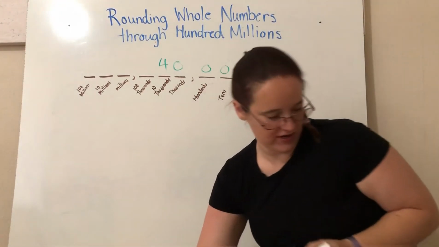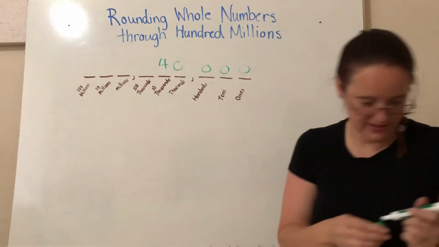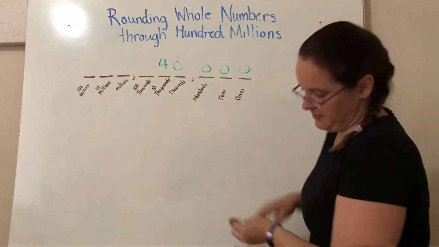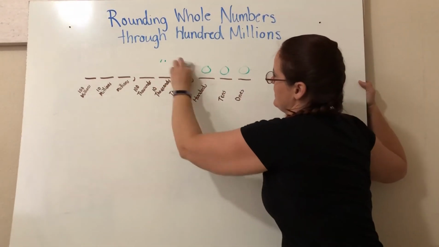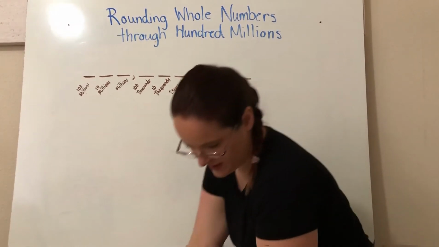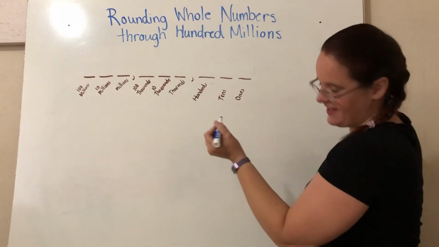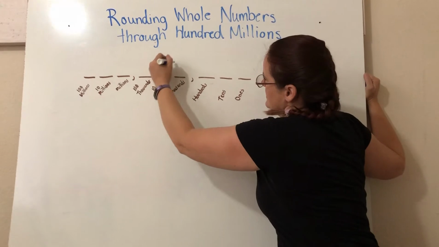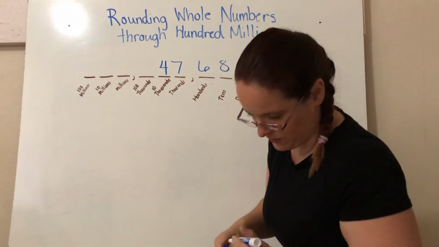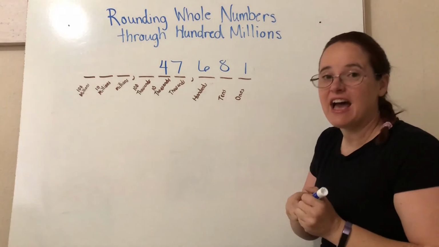And let's see, let's trade out markers because the green one's not working so well. Okay, next problem. We'll do another one in the 10,000s. We're gonna round 47,681. And we're gonna round that to the nearest 1,000.